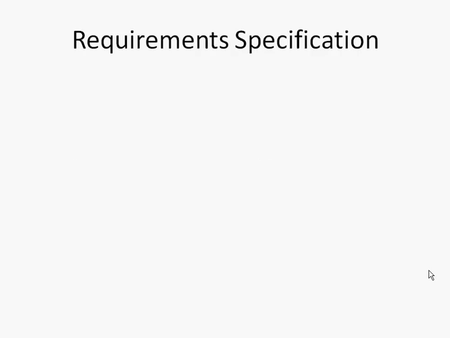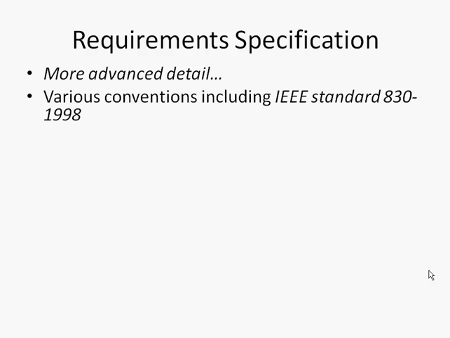A bit more about the requirement specification. There are various conventions, various layouts to follow for the requirement specification, including IEEE standard 830/1998, which has a long list of sections that you should write about in your requirement specification, including interface requirements, functional requirements, performance requirements, whatever they are.